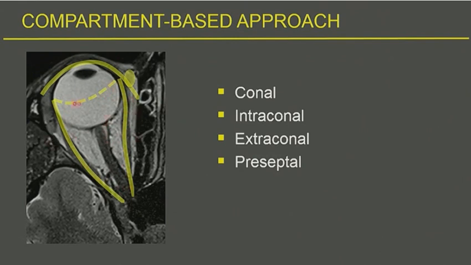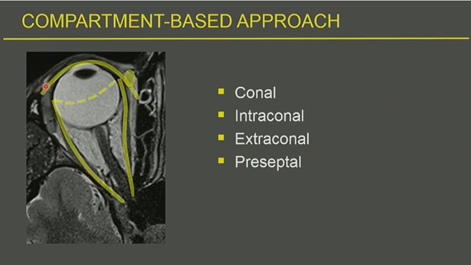Within the intraconal compartment, we have the posterior half of the globe, the optic nerve sheath complex, fat, cranial nerves 3, 6, 5, 1, and vessels. In the extraconal compartment, we have fat, the lacrimal gland, and the bony walls of the orbit.